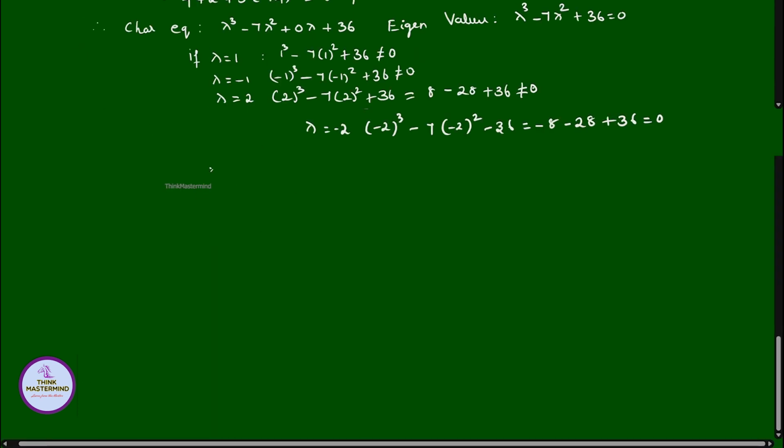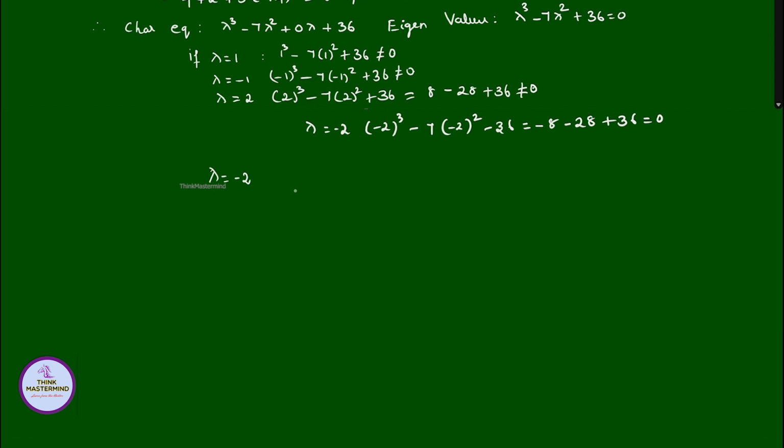Therefore, one of the roots is lambda equal to minus 2, and the remaining roots are found by the synthetic division method. The lambda cube coefficient is 1, the lambda squared coefficient is minus 7, the lambda coefficient is 0, and the constant term is plus 36. So lambda equal to minus 2 is one of the roots. Here we have to put 0.